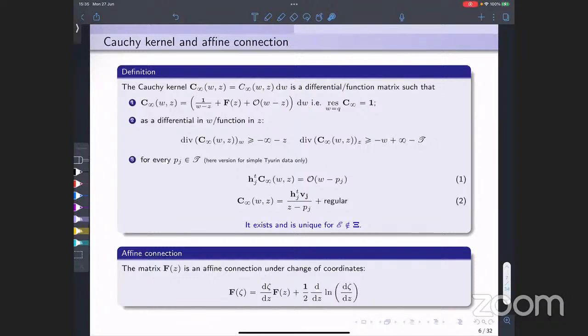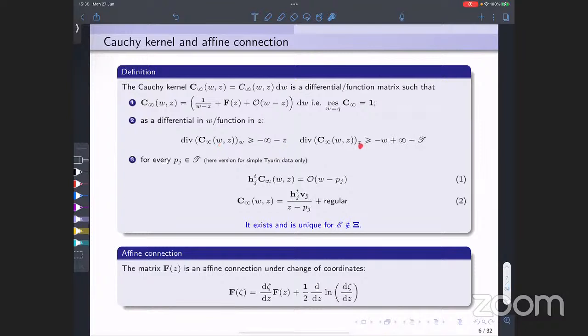So when w and z are close to each other, they have a simple pole with residue identity. I gave a name to the next term in the expansion along the diagonal because it's important for applications. And then with respect to w it is a differential, with respect to z it is a meromorphic function. And it has these divisor properties. So this means that with respect to w it has a pole at z and a pole at infinity, simple.